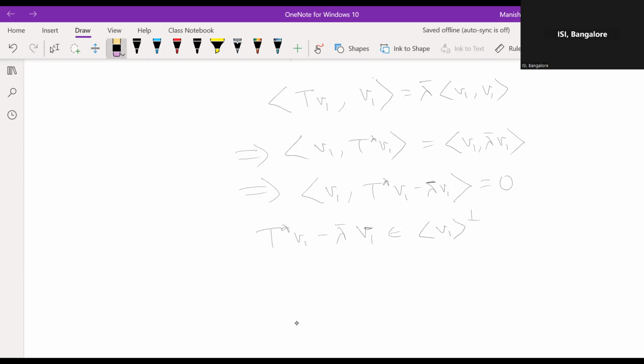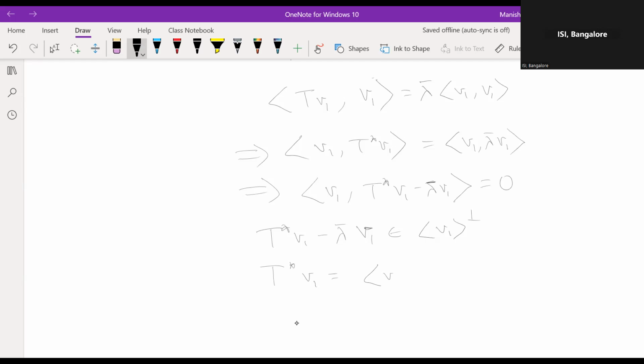I see. Okay. So what we do is we write T star V1 with an orthogonal decomposition.